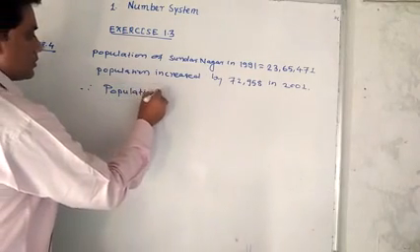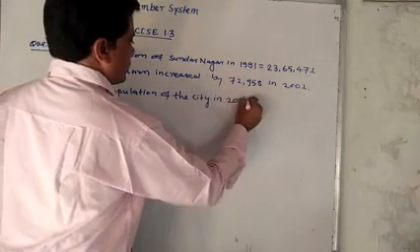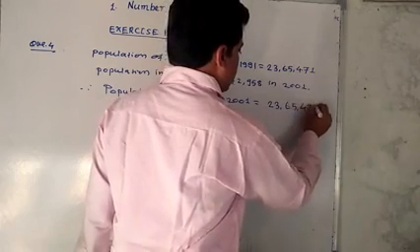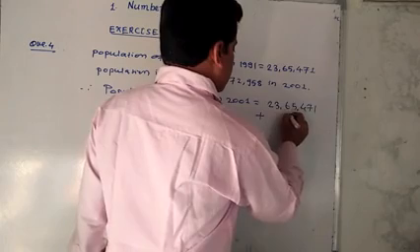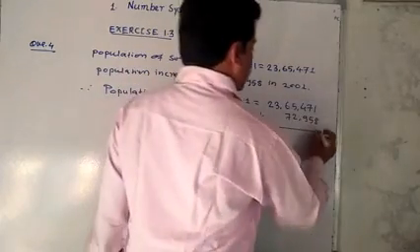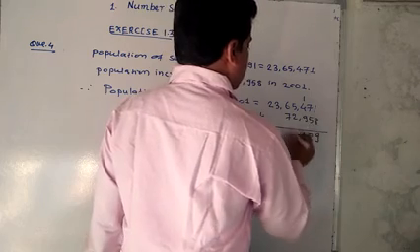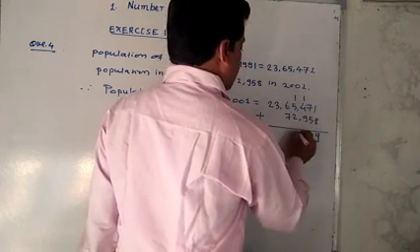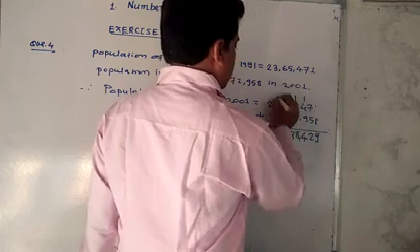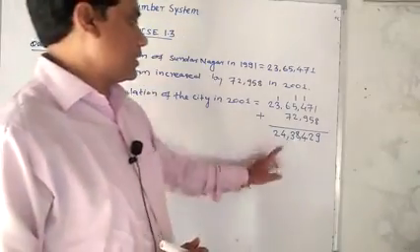Therefore, population of the city in 2001 is equal to 23,65,471 plus 72,958. 1 plus 8, 9. 7 plus 5, 12, carry 1. 14, carry 1. 8. 6, 12, 13, carry 1. 4, means 24,38,429.